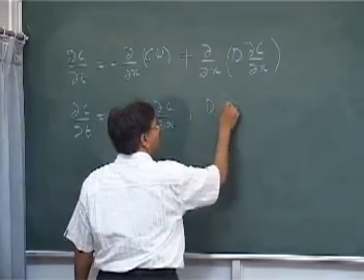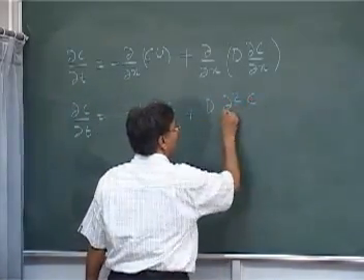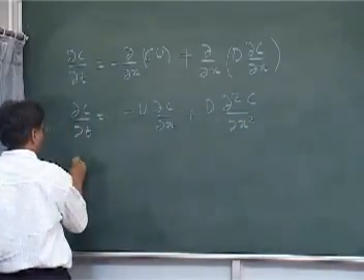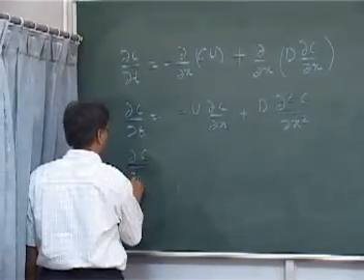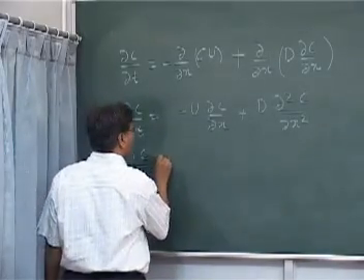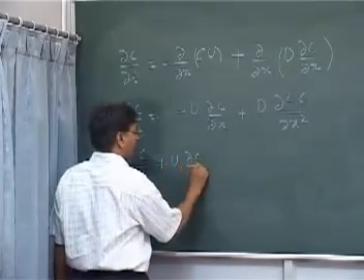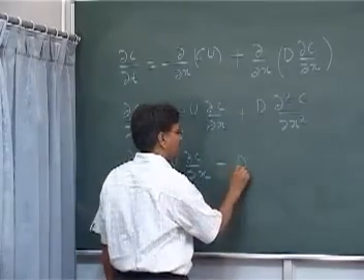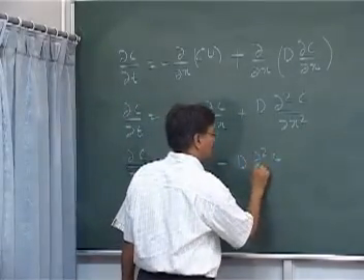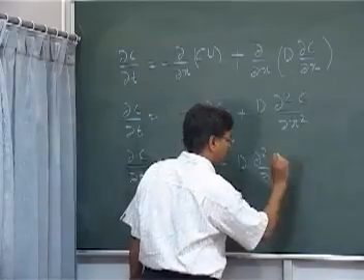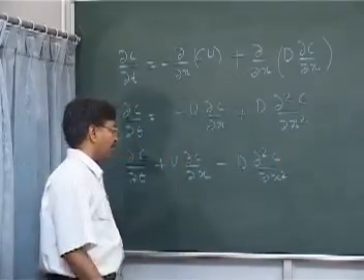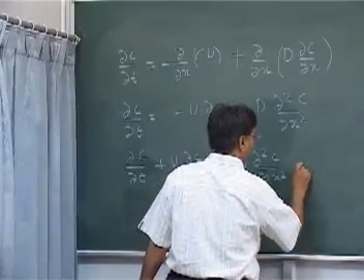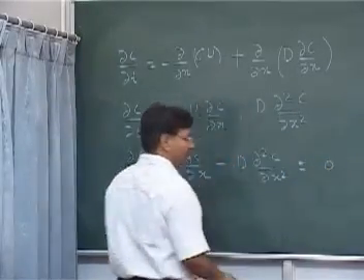So D, plus u del C by del x, minus, equals 0.